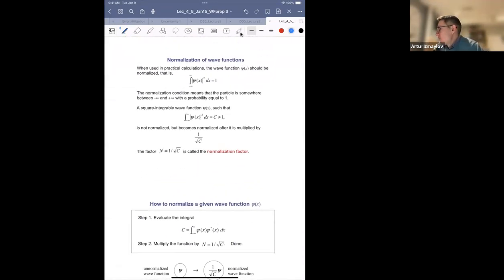All right, but now sometimes you're given a function that is not normalized. What this means is that you have some solution for the differential equation. Let's say the equation that we are solving is the Schrödinger equation, like this. Now, if you multiply your function by a constant, what's going to happen?